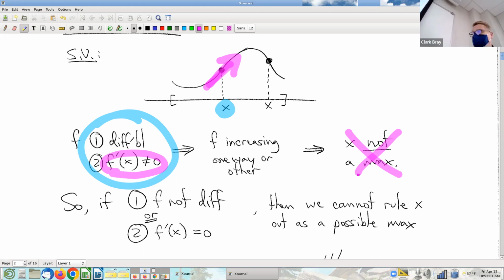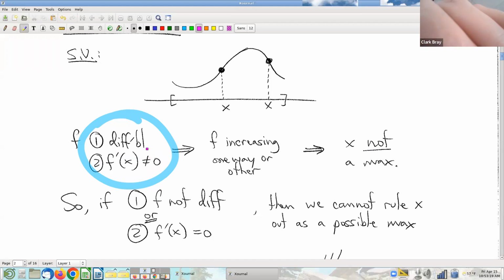It's still increasing. How could it be at a maximum if it's immediately bigger? Just move ever so slightly over to the right. So this is our process of elimination, and you'll notice it has 2 requirements. I need the function to be differentiable so that I can draw conclusions from derivatives. I also need that derivative to be non-zero so that I can assert that it is in fact increasing one way or the other.